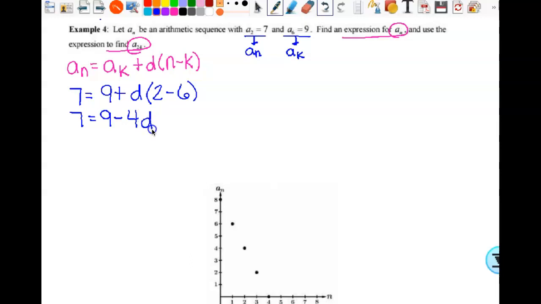Now, when I was working this out the first time, I got here and I looked at this and said, all right, as soon as I saw 7 and 9, I was like, well, 7 and 9 is 16. When I divide by negative 4, d is negative 4. And I wrote d is negative 4, and I moved on with my life, and then I checked my answer, and I was way wrong. Because what I just said, does that make any sense? No. I know some of you are perfect, but others of you are like me and not perfect, and mess up.